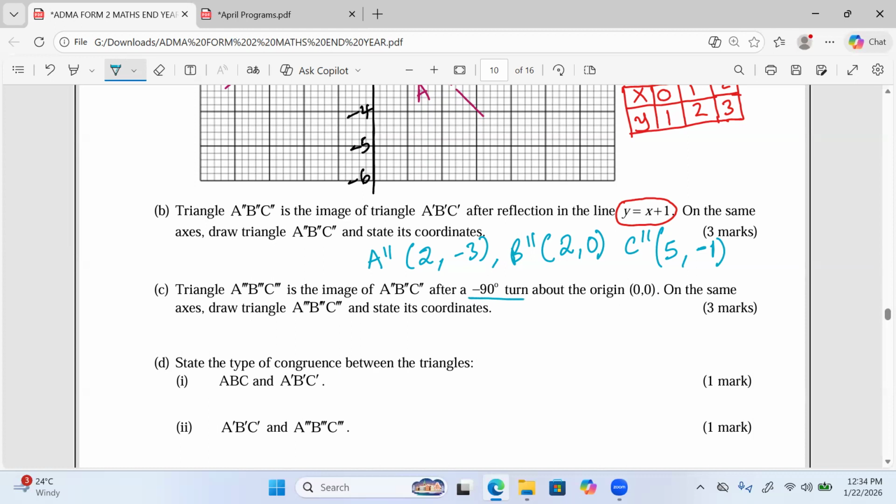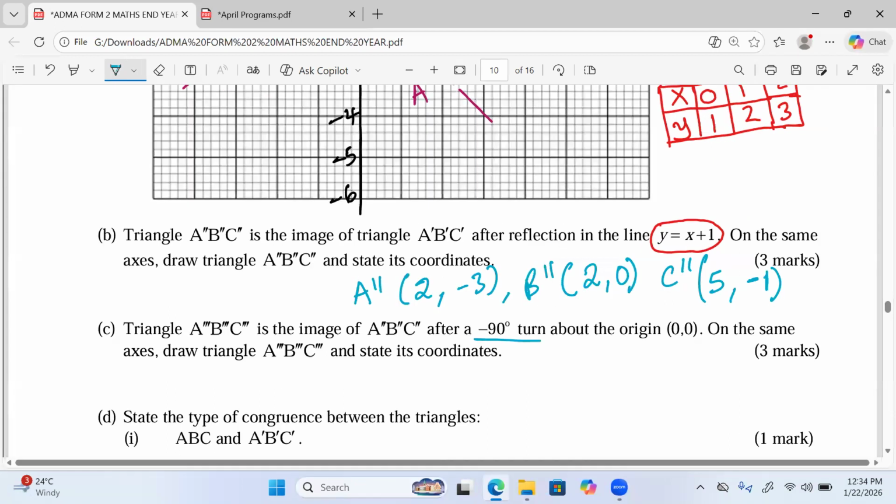On the same axis, draw triangle A triple prime, B triple prime, C triple prime, and state its coordinates. So we're going now to perform a rotation. A turn is a rotation. Therefore, you're supposed to know that a negative turn means the clockwise direction.